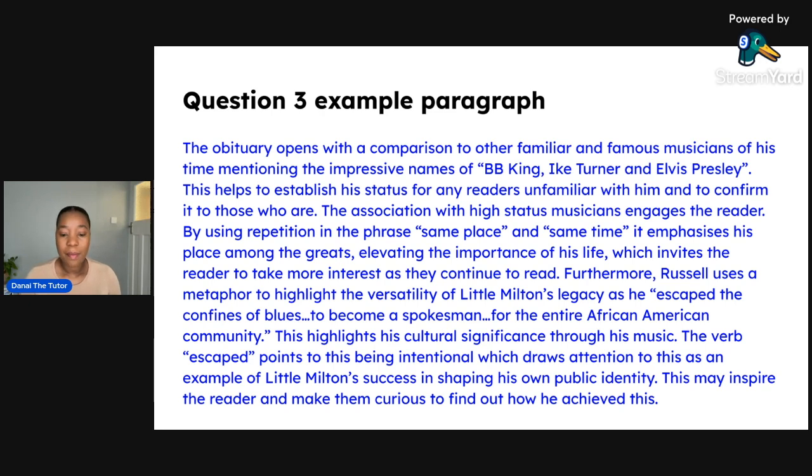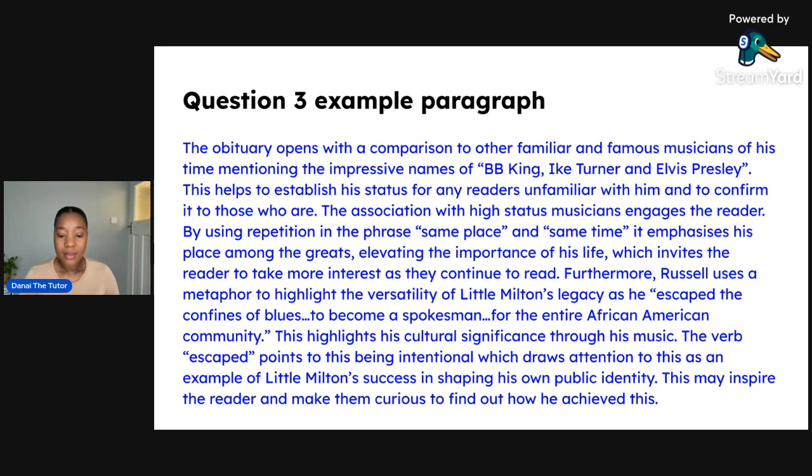Talked about use of metaphor there. But I also mentioned the use of names, which is a use of facts, okay? Which again is a technique that is exclusively found in a non-fiction text, as this one is.